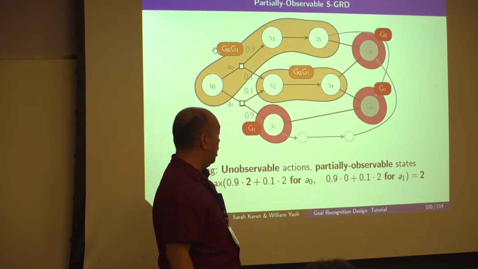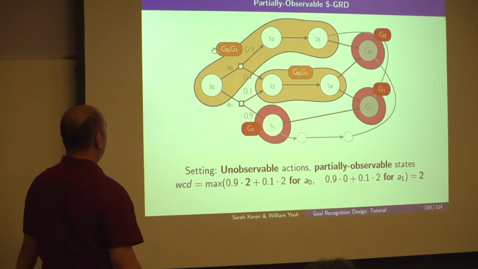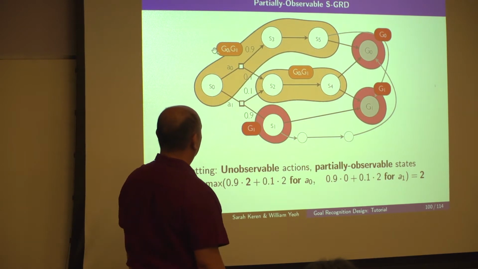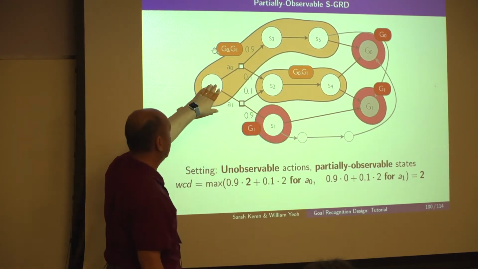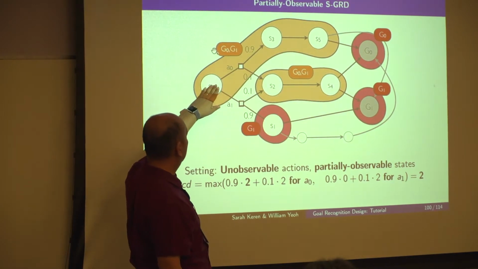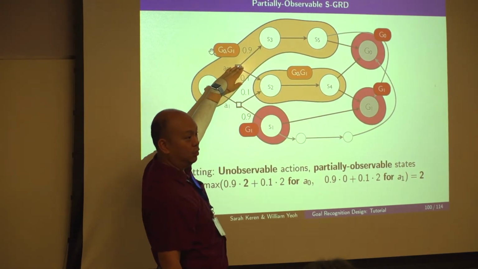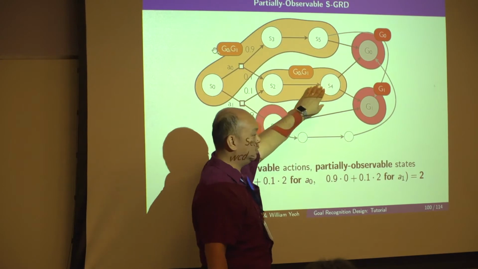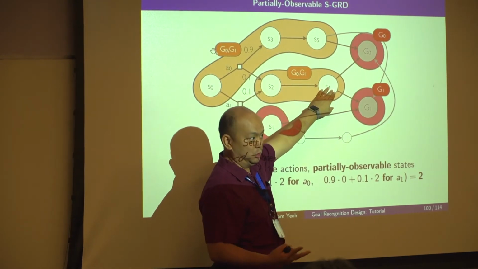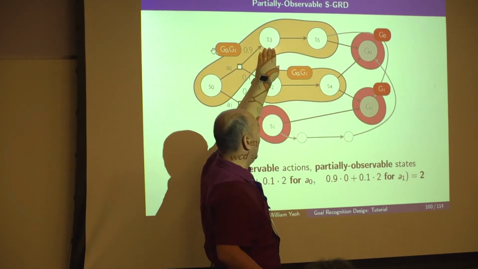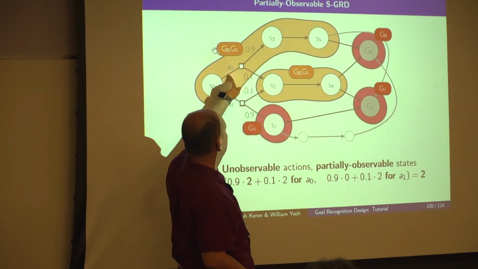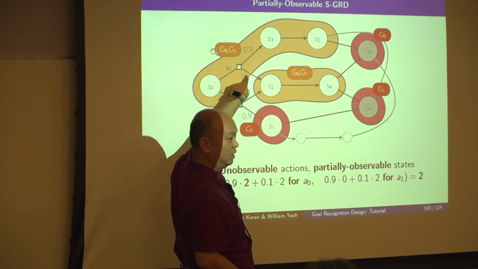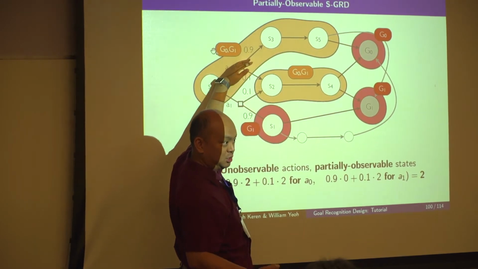Now, if you did it this way, what's the WCD? The WCD now actually increases to 2, because you could have this policy here. If you took this action, it's 0, right? If you ended up here, you could take another action, 1, so now the cost is 2. If you ended up here, you could take another action, cost also 2. So now it is 2 times 0.9 plus 2 times 0.1. So this policy's cost is 2.